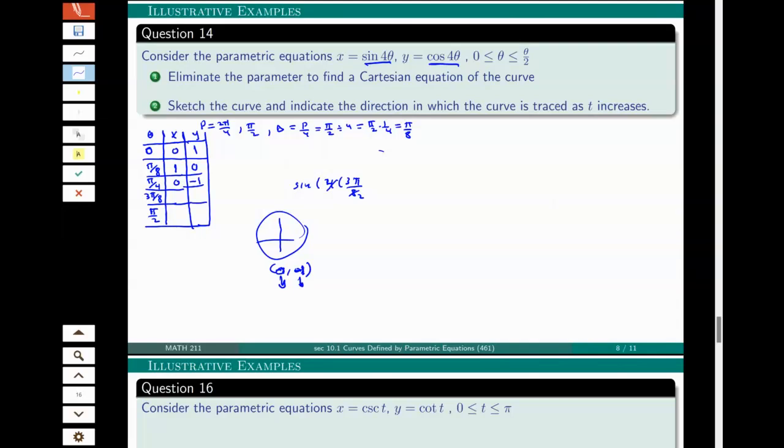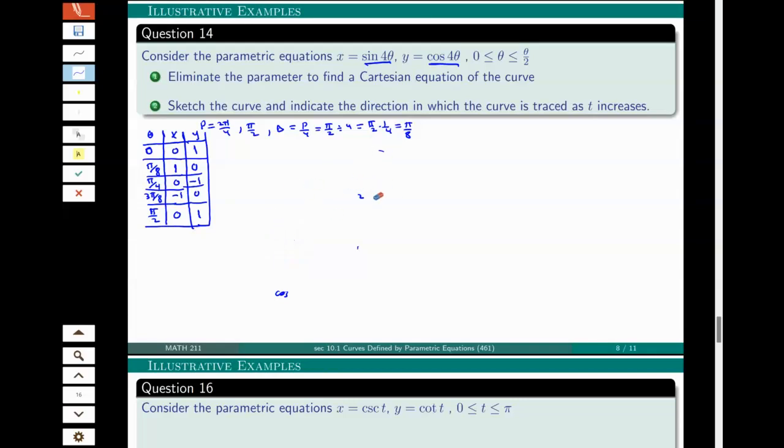So when we say pi over 4, sine pi over 4 is 0, cosine pi over 4 is minus 1. Now that will be cosine, and that will be sine. So x will be minus 1, and y will be 0, because cosine is 0. At pi over 2, sine is 0, and cosine 2 pi is 1.